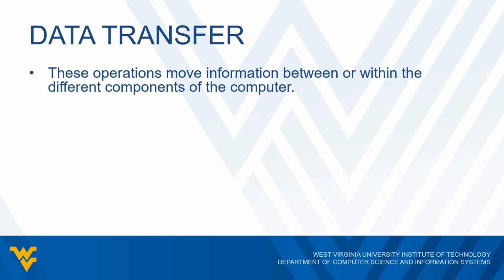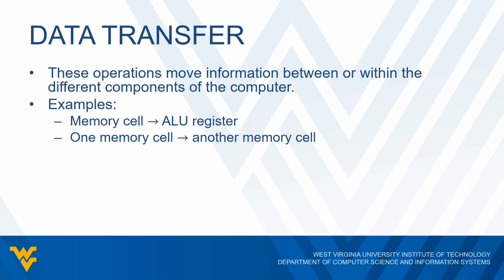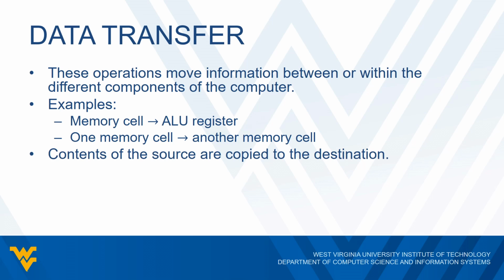To give just a couple of examples, we may have something like transferring data from a memory cell to an ALU register. Or we can transfer something from a memory cell to another memory cell. The transferring process works similar to what we've discussed before, in that the contents of the source are copied to the destination. So what is inside the source is preserved, but what was originally stored in the destination gets overwritten with the new data.